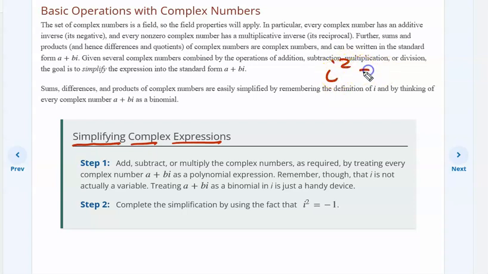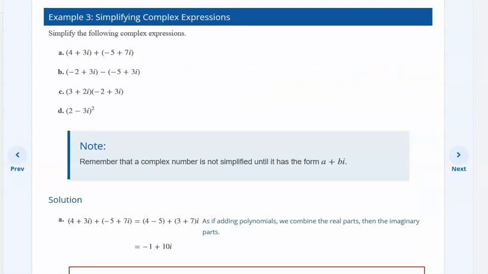We always convert it to a -1 and then do whatever is needed. And we don't have fractions such that the denominator has an imaginary number in it. Okay, hopefully that's what you've picked up from reading this over. All right, example 3, and if you're taking good notes, write these out.